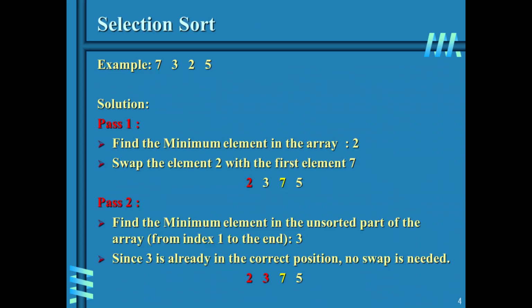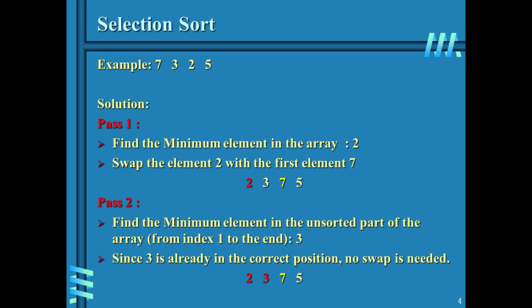Now let's discuss selection sort with a simple example. There are 4 elements given in our example, namely 7, 3, 2, 5, which are stored in an array. To start with the selection sort, the first element in the array, which is 7, is assumed to be the minimum element.